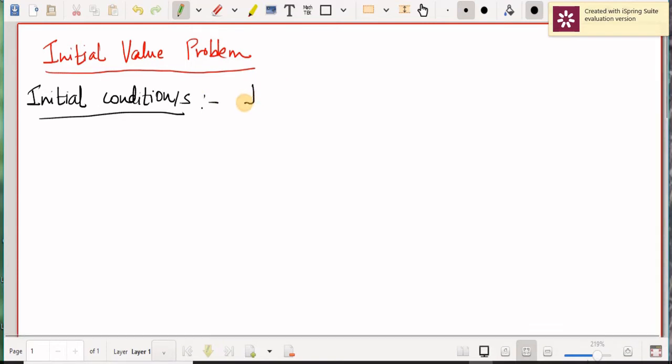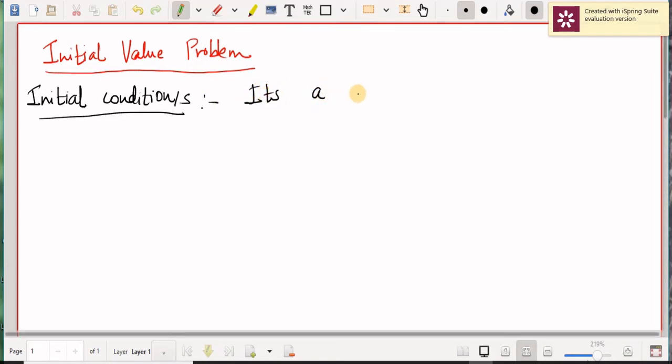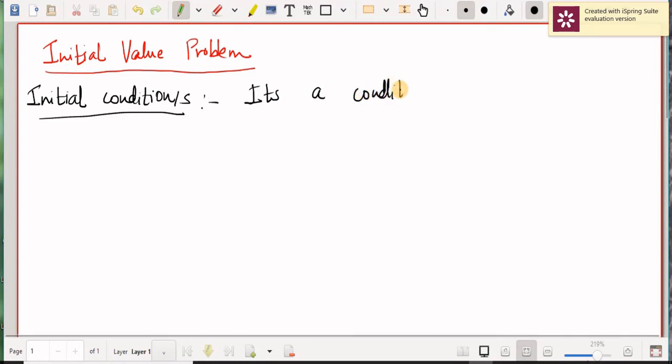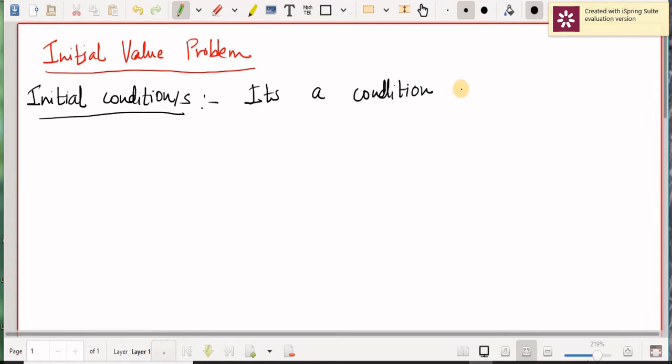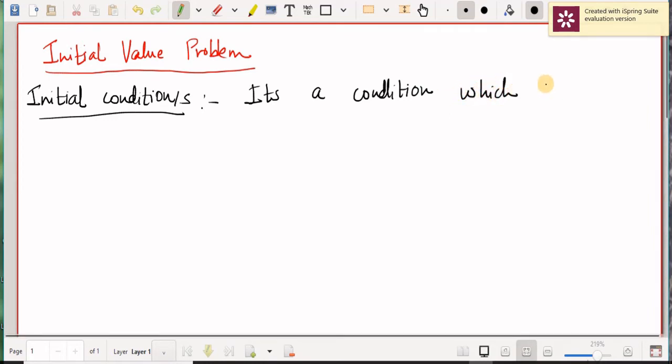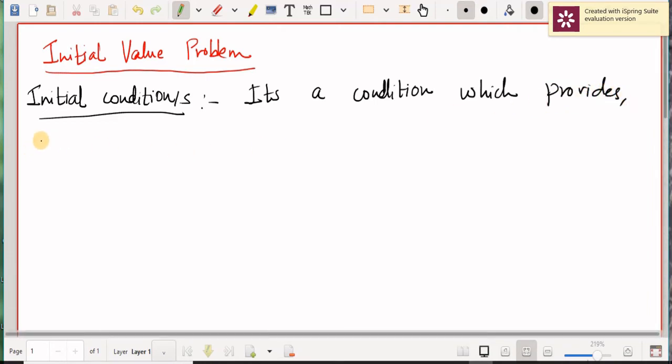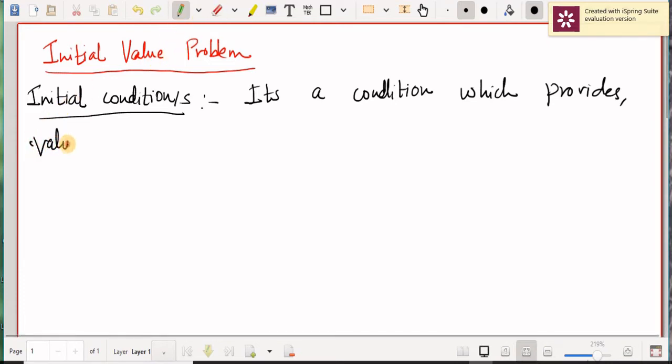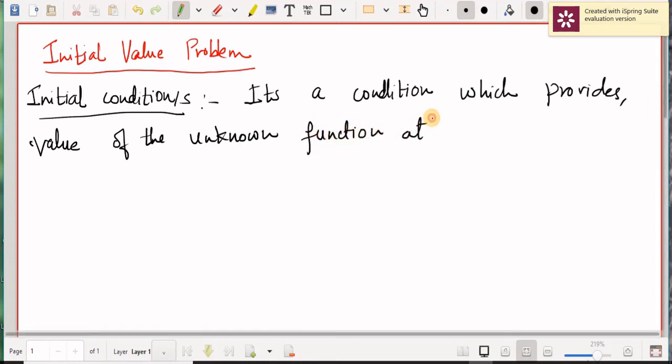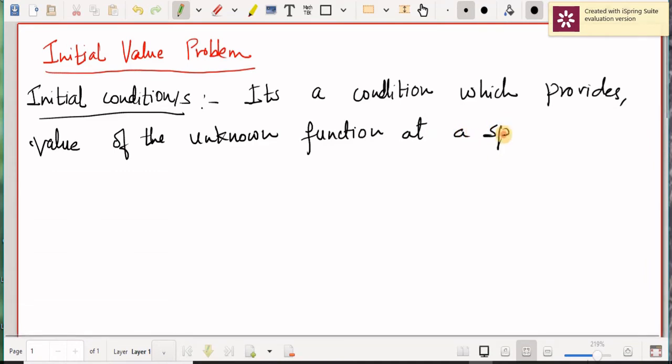So it's a condition which provides a specific value of the function, the value of the unknown function, at a specific point.